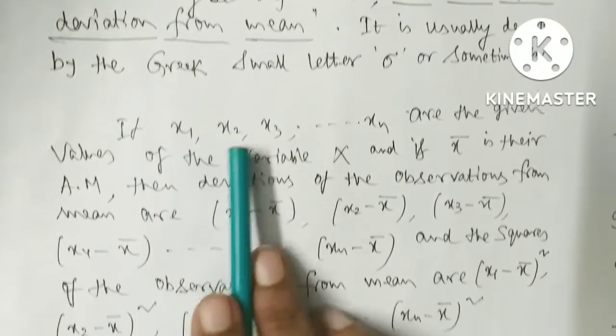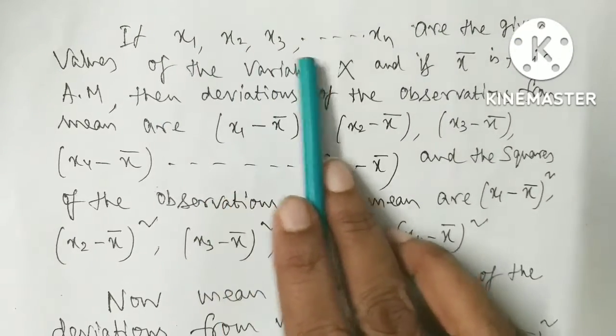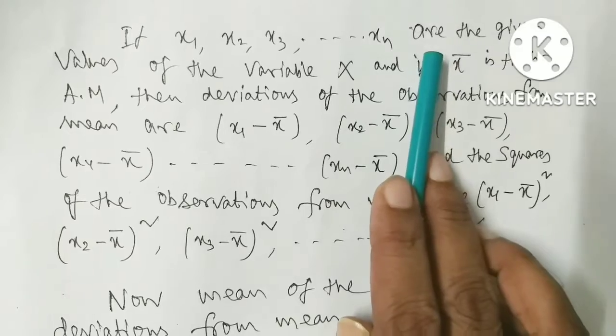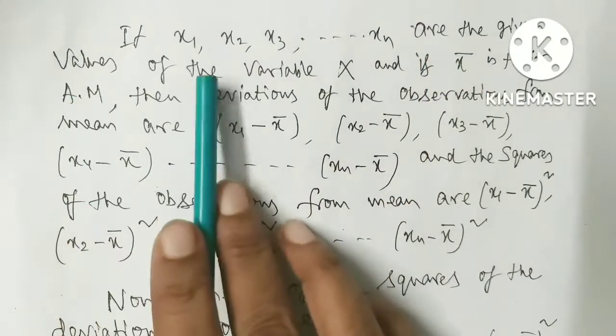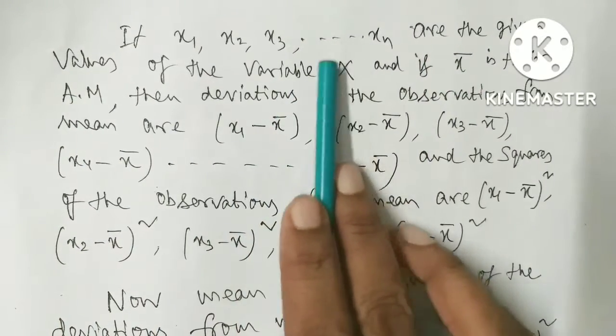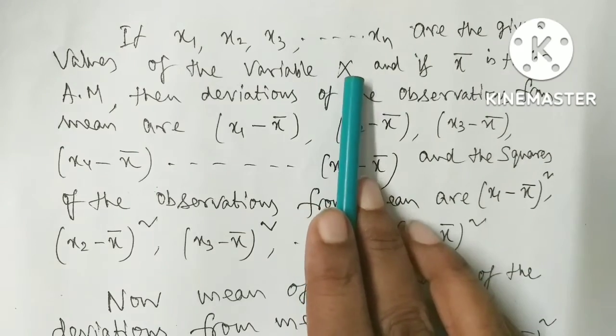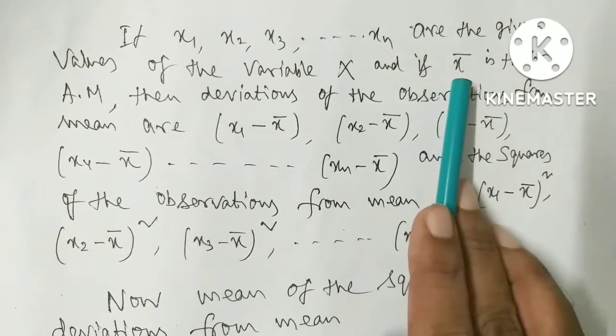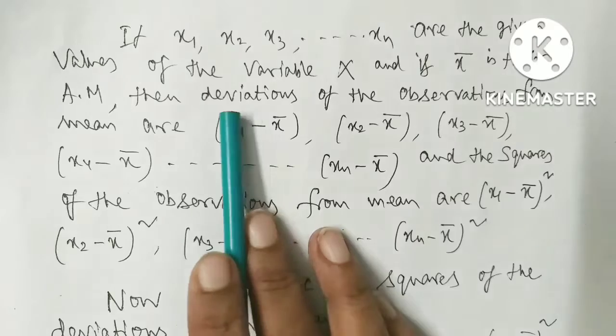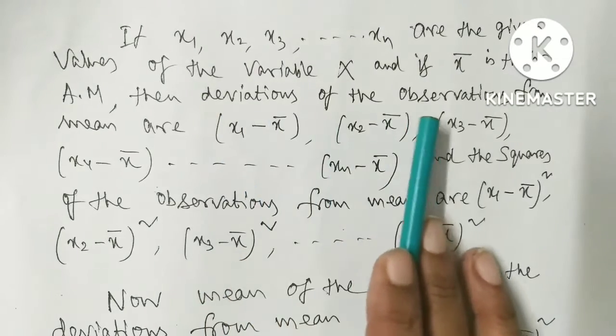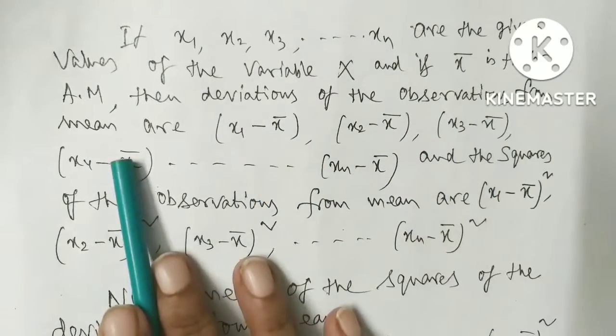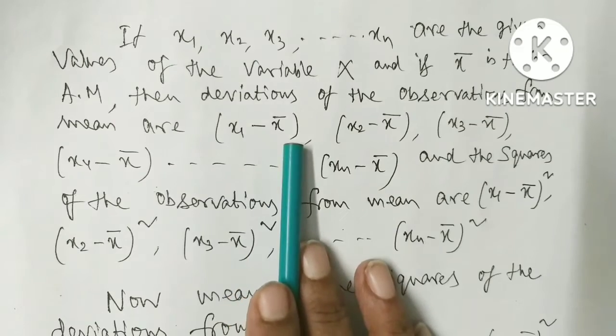If x1, x2, x3, ..., xn are the given values of the variable x, and if x bar is their AM, then deviations of the observations from the mean are x1 minus x bar.